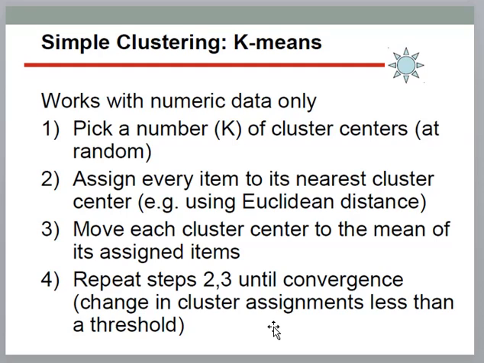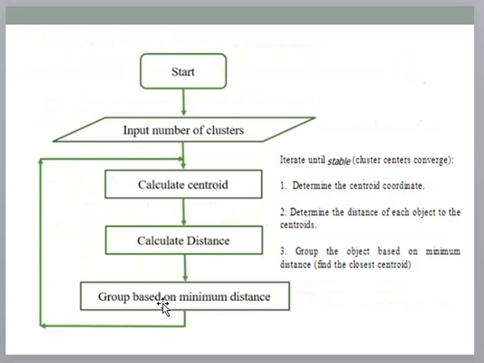So we select a threshold, and if we see that the change in the cluster center is less than that threshold, then we can stop our algorithm. This acts as the stopping criterion for the k-means clustering algorithm.